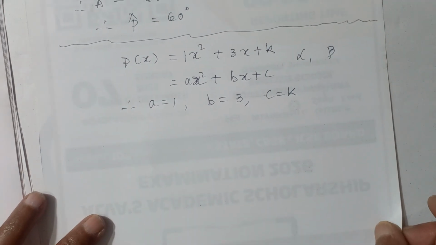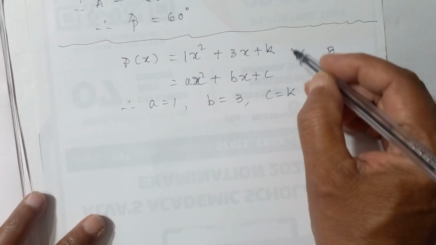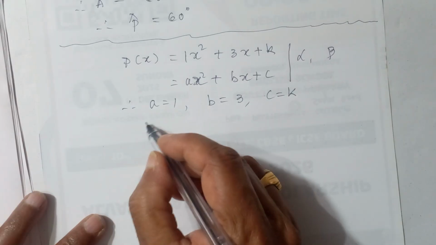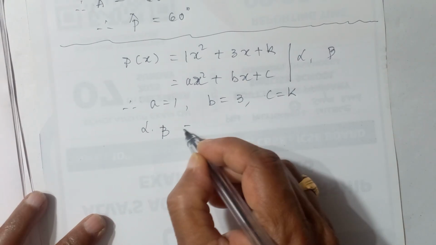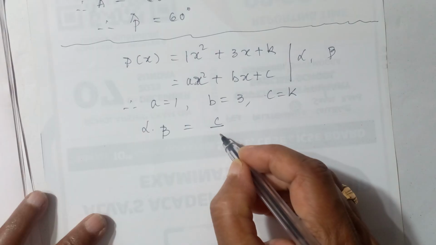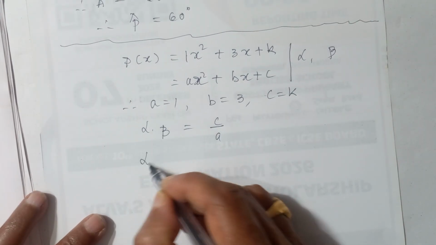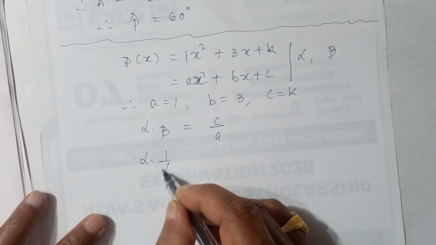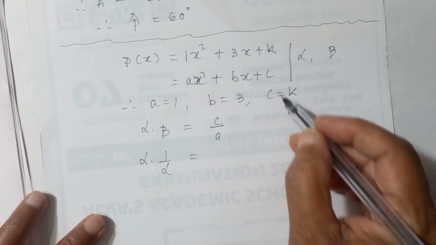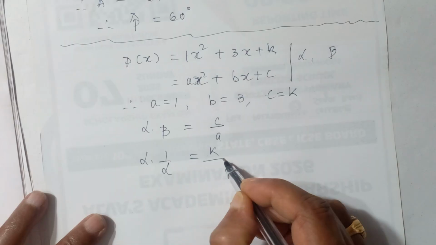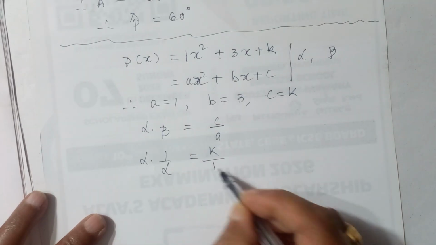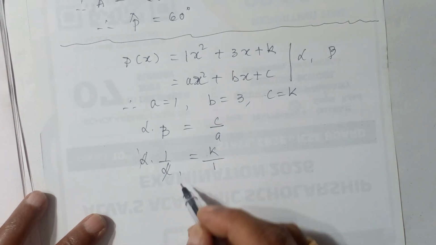Now I am going to apply the product of the zeros. You know that alpha into beta is equal to c by a. Here beta is the reciprocal of alpha. On that basis, I want to write 1 by alpha is equal to c by a. What is the value of c? k. What is the value of a? 1. Here divide 1 by 1.